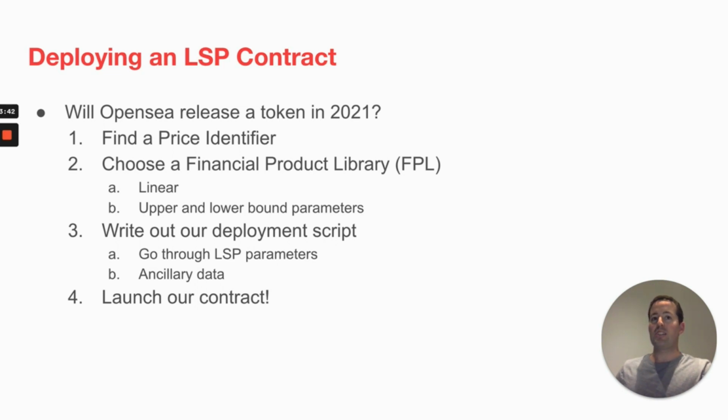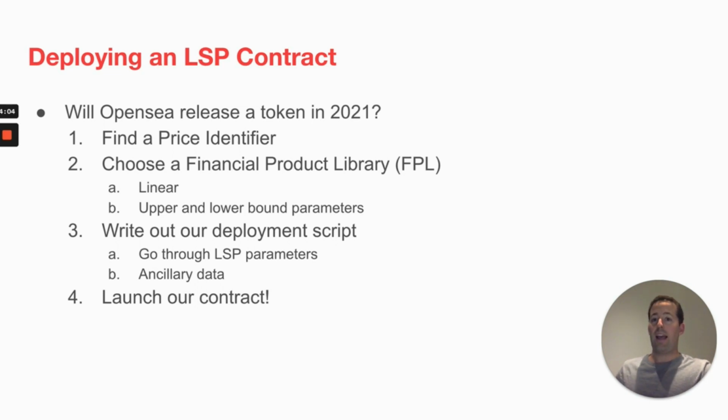This is something that can easily be used by prediction markets. How we want to set it up is, if there is an OpenSea token released in 2021, the collateral payout will go to the long token owners, and if there is not a token released, the payout will go to the short token holders.